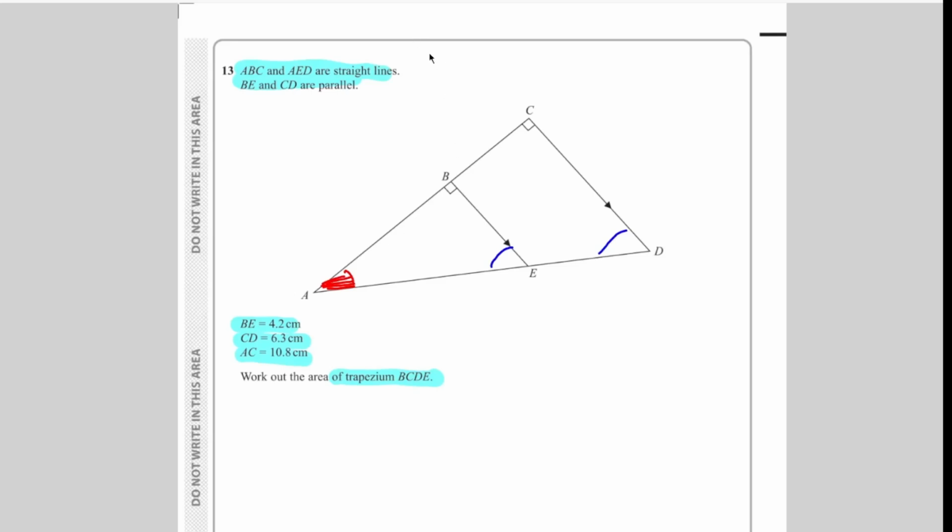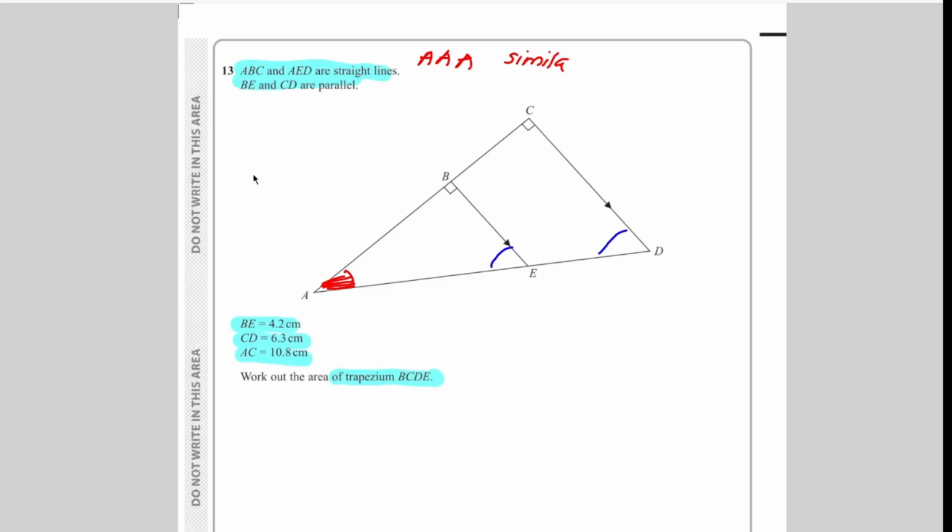Whenever you can prove the AAA scenario in any two triangles, it means those two triangles are similar. AAA means angle, angle, angle condition. It means all three angles are equal.